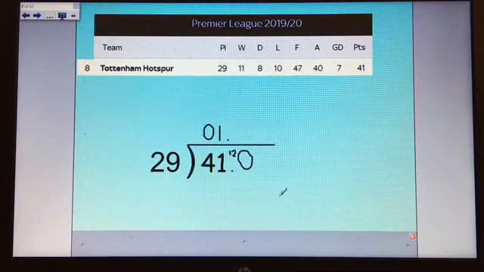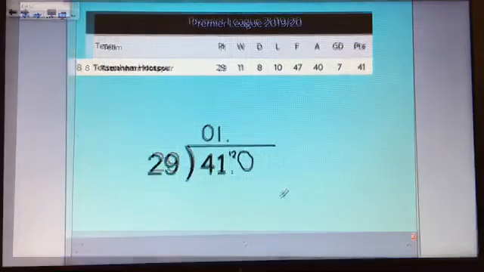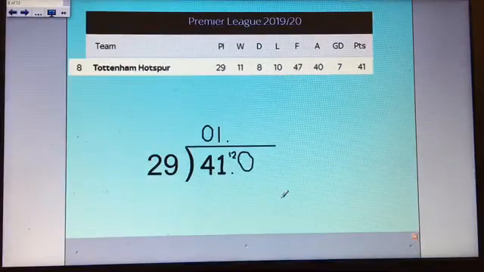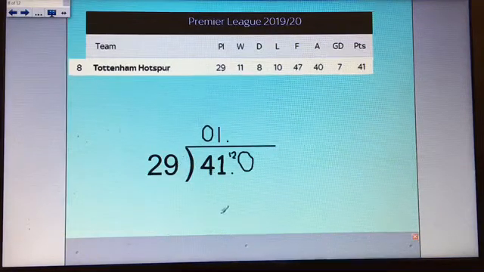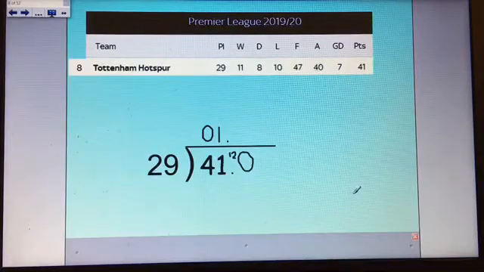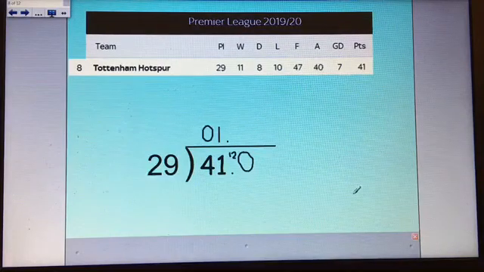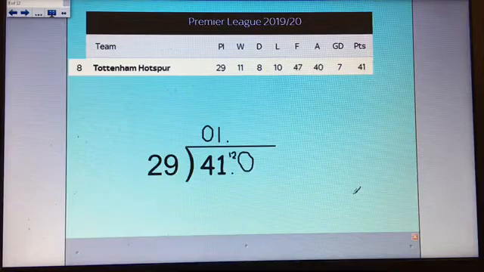Okay, so 29 into 120. Right, so let's do a little estimate. 29, it's close to 30, isn't it? So I'm going to count up in 30s: 30, 60, 90, 120, 4 times.